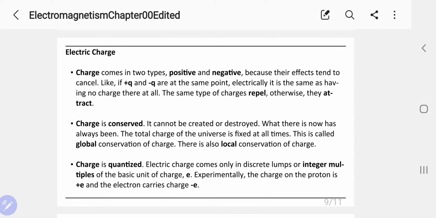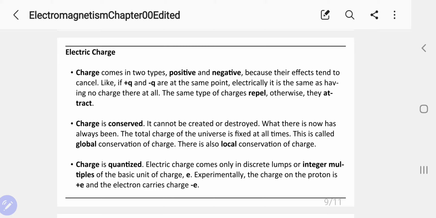Electric charges come in two kinds. There are positive and negative charges. This is purely convention. Positive and negative, because when you put them together in equal amounts, they cancel to zero. If one is isolated, only that one can be detected, but if the other one is placed very near to it, the effect is cancelled.